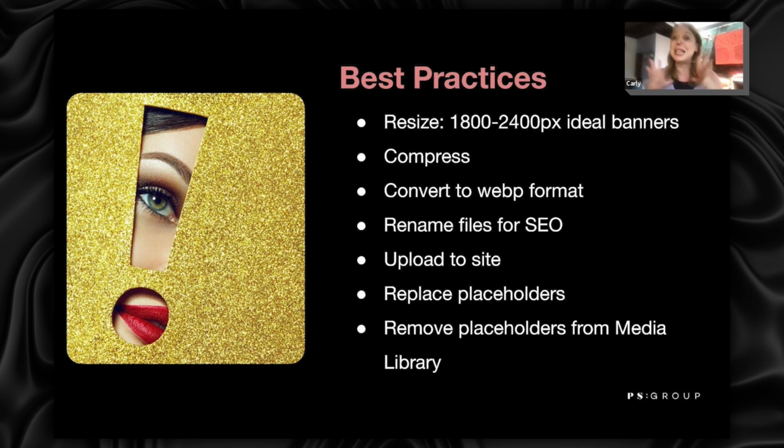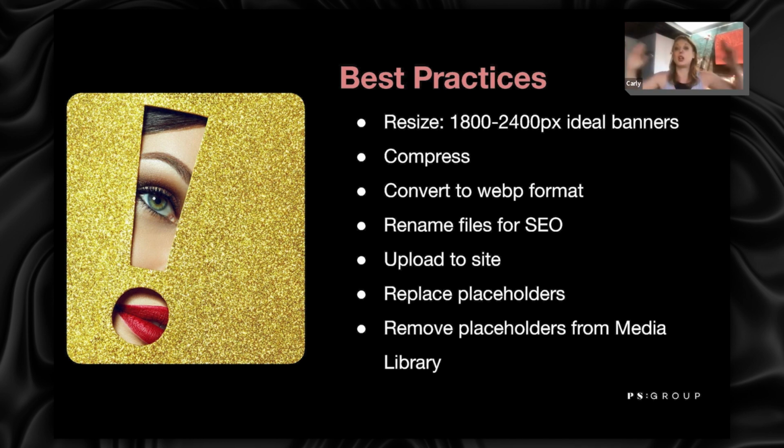You want to resize them first. So 1800, 2400 for banners, for full bleed. You can Google best practices for what screen size, because it is not unusual to have a picture that is specifically going to be used in the desktop version, and then a picture that you'll use exclusively for the mobile version, because they're different sizes.